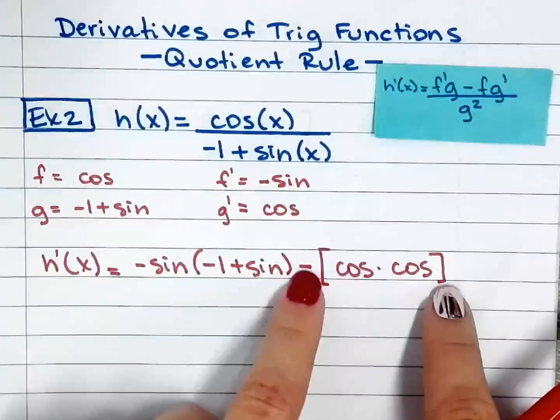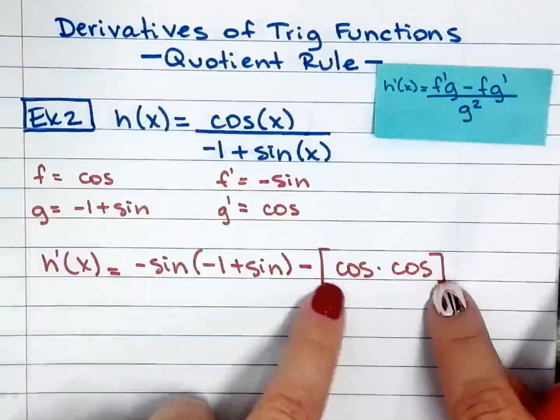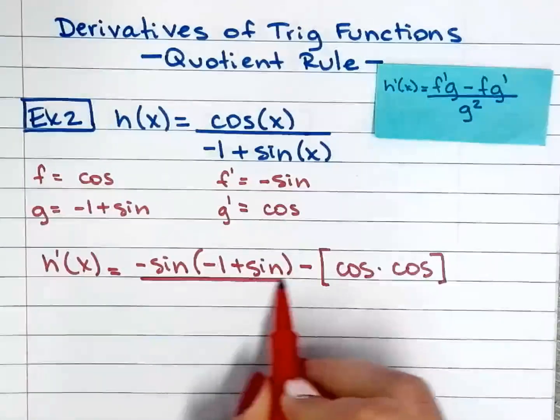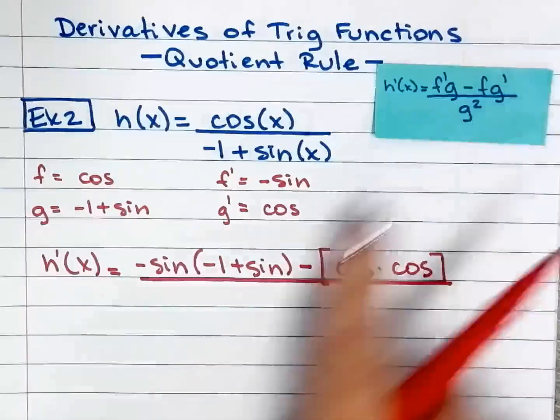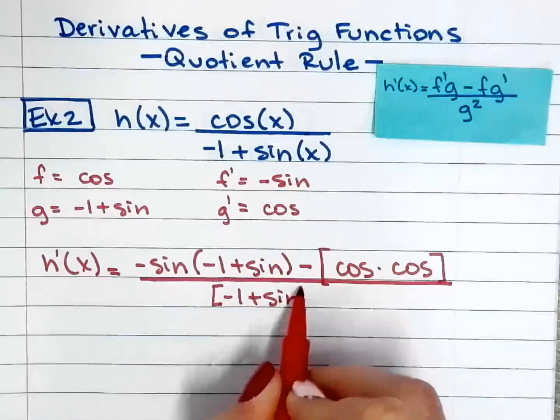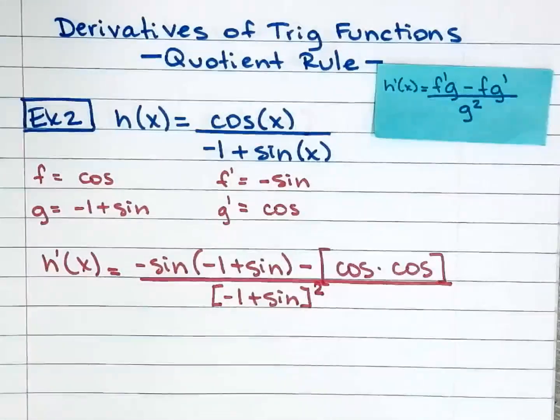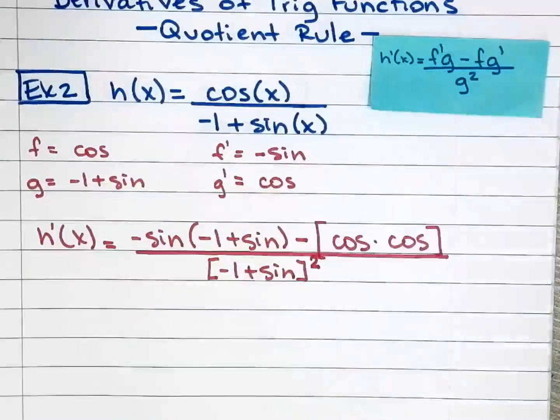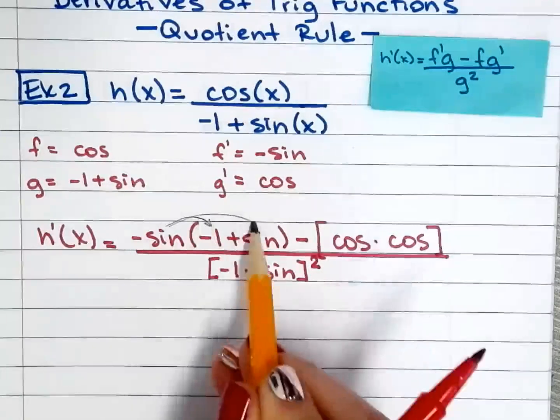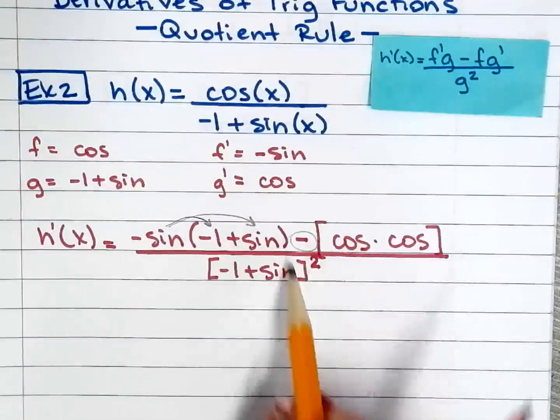Okay, this negative will always get me unless you make it a point for it not to get you. Okay, everything over g squared. This is g, -1 plus sine squared.